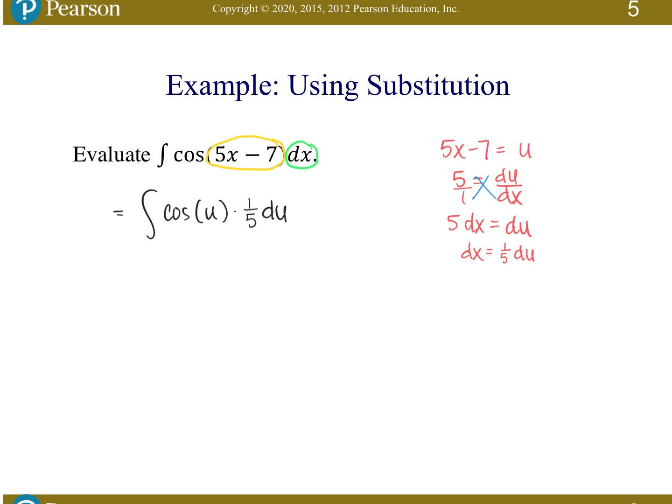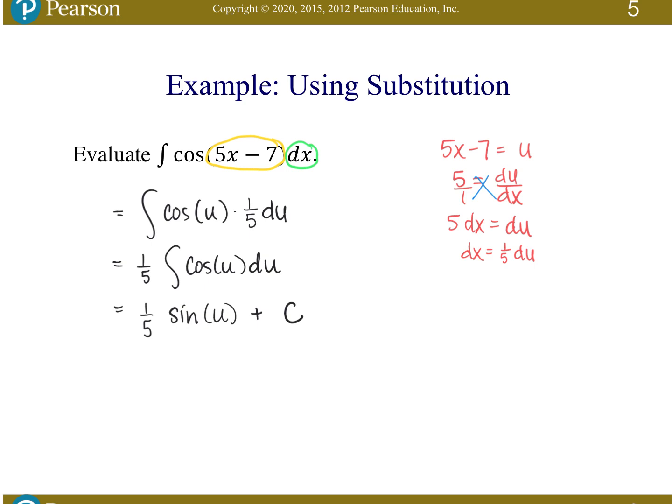But we call 1/5 a constant. And what can you do with all constants in integrals? Pull them out to the front. So let's pull the 1/5 out to the front because it is a constant. And then I just have the cosine of u du. So the 1/5 still carries down as a constant, and the antiderivative of cosine, we learned, is sine of u plus c.